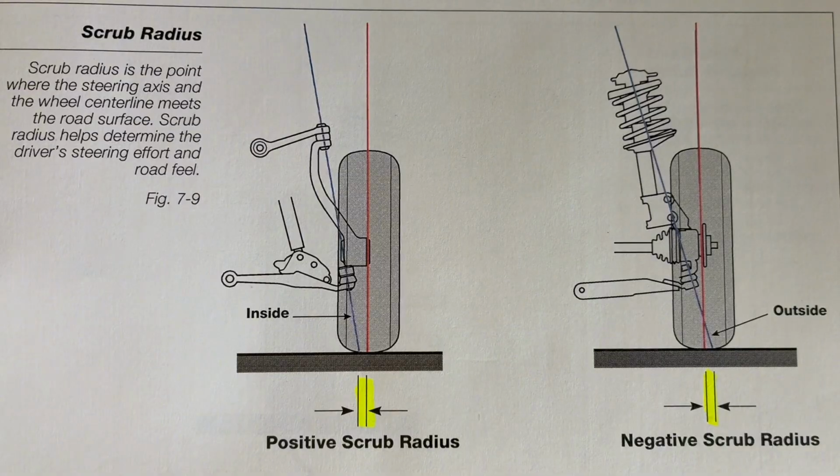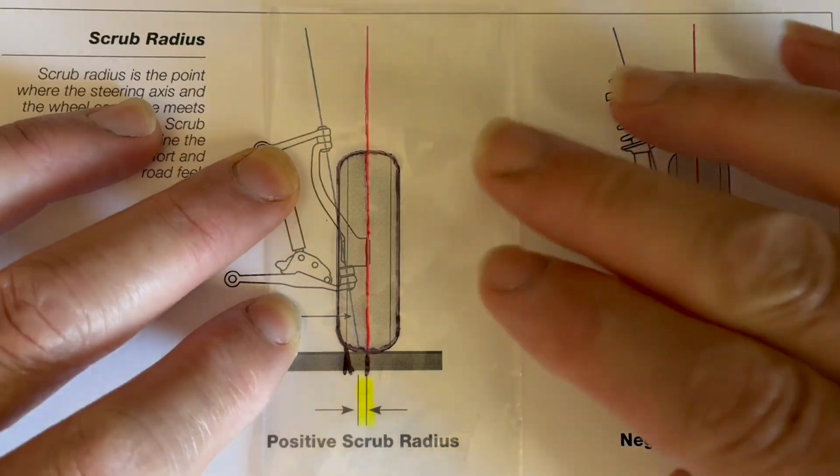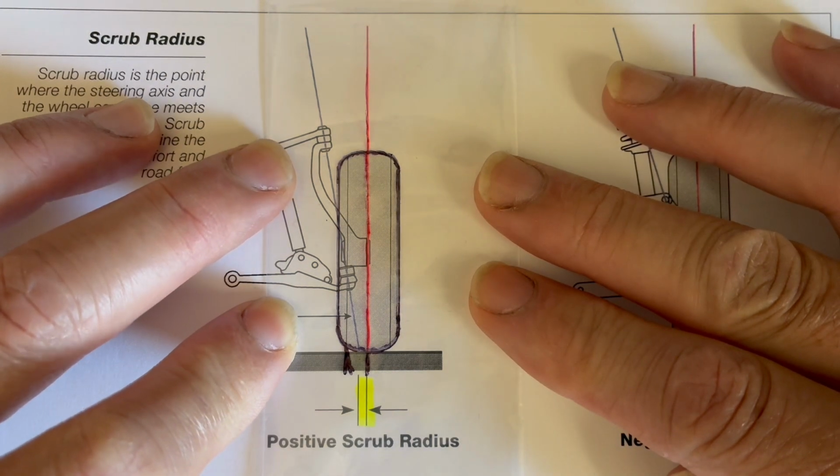So what is the trade-off when you install more negative offset wheels or add spacers? You are increasing the positive scrub radius. Let me give you an example.